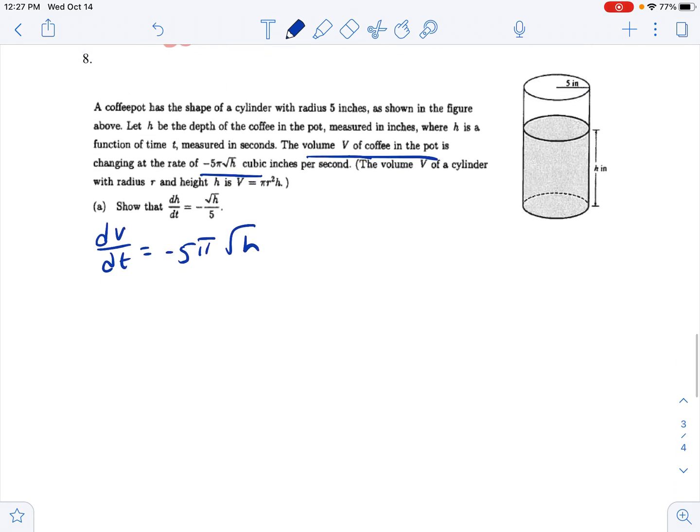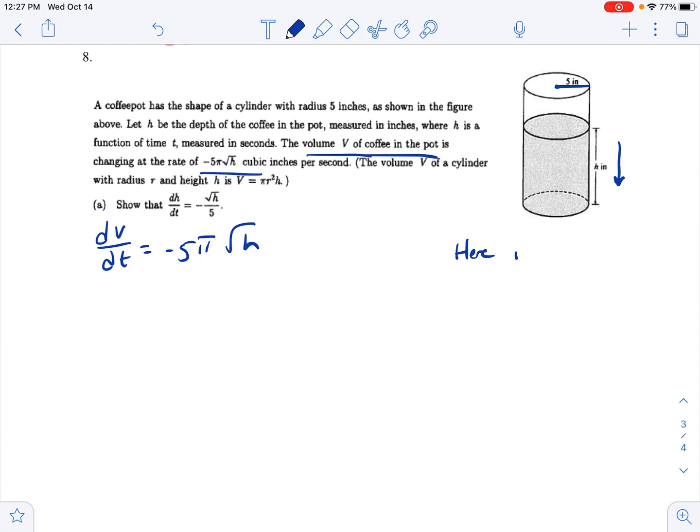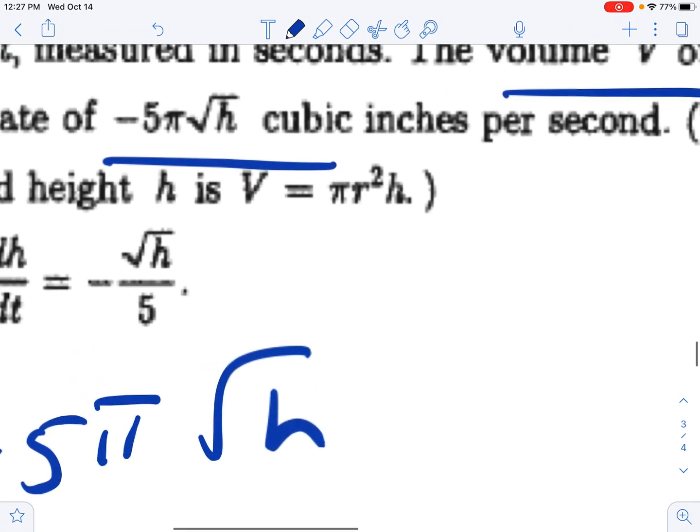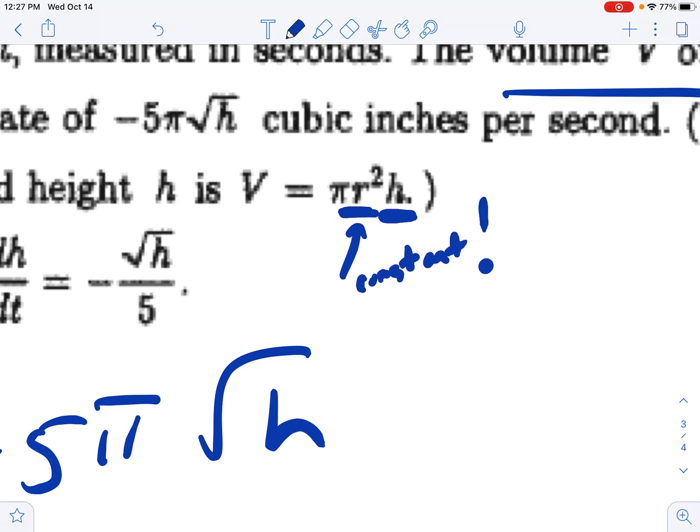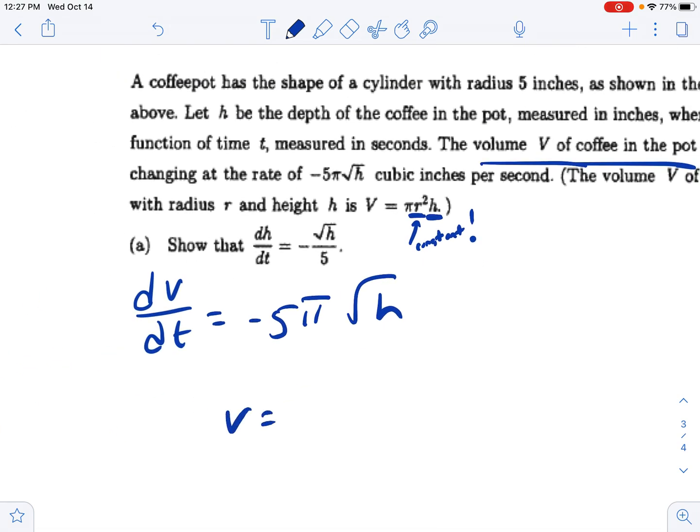Well, here's the big difference between this cylinder and the previous one. Is the radius of this cylinder changing as the volume of coffee goes up or down? No. So here, the radius is a constant. So when I go to take the derivative of this volume formula, I don't have to use the product rule. Since r is a constant, I can sub it into this formula right away.